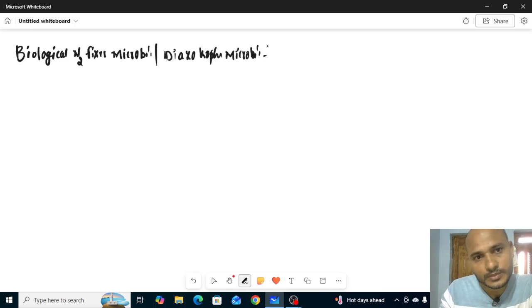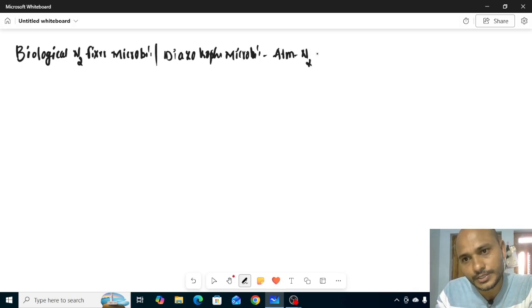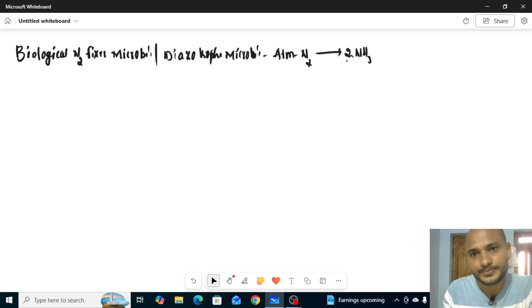So here you need to remember, what is the main function of these microbes? These microbes help in conversion of atmospheric nitrogen into 2 molecules of ammonia.